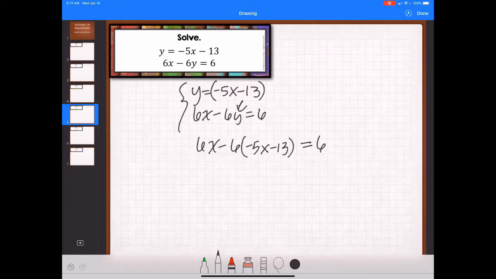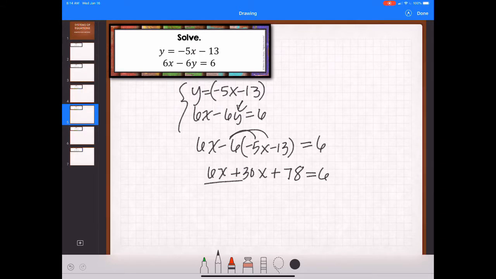Now I'm going to simplify. So that gives me 6x, distribute, plus 30x, distribute, and negative 6 times negative 13 is positive 78 equals 6.